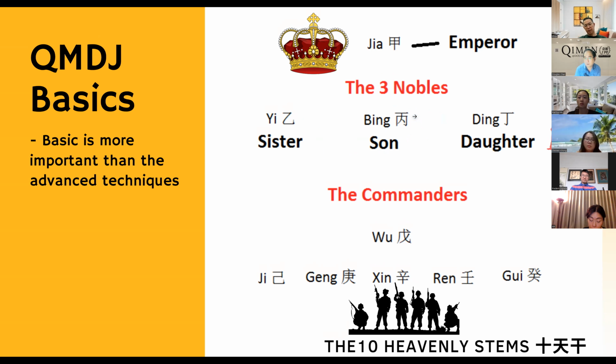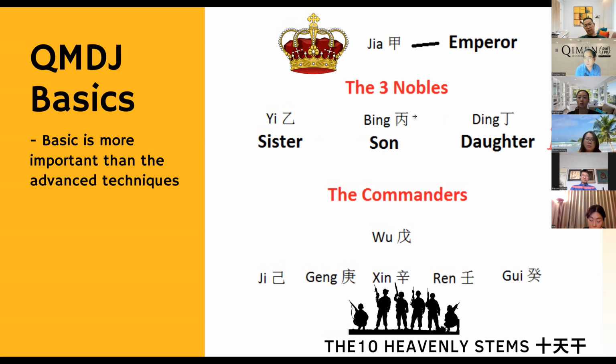So you must understand the relationship between all this. The Yi is the one that controls the Geng. The Geng is always the enemy, right? There's only one that can control it, that's the Yi. So next time when you see a Geng and there's a Yi beside it, the Geng has no effect anymore.